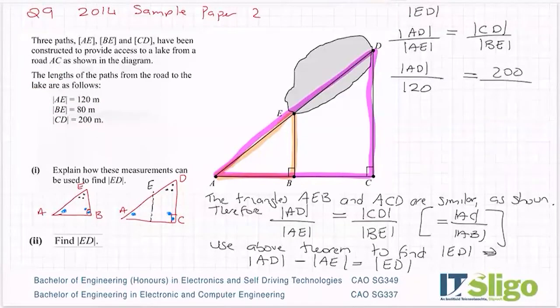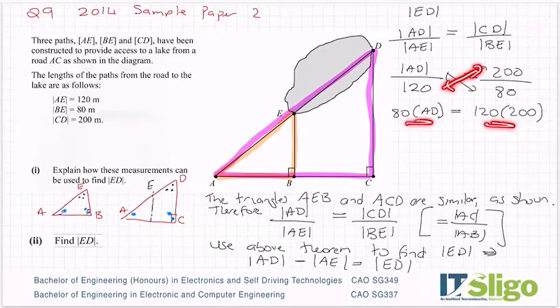200 over BE 80. If you remember, we cross multiply so that you have 80 times AD is equal to 120 times 200. Remember from last week, you follow the cross, and you end up with no fractions. That's why we do cross multiplication.